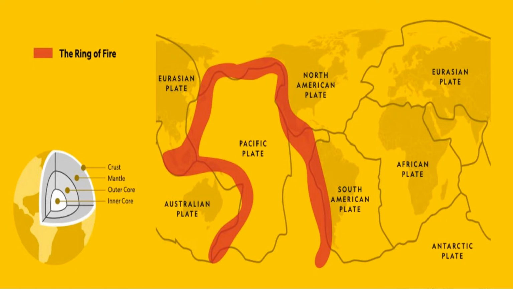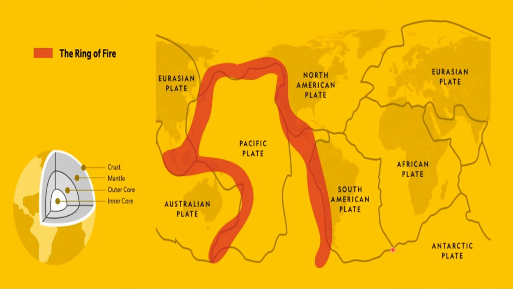For example, the North American plate includes most of North America, Greenland, and part of Siberia. These move around on the ductile layer beneath the surface. The Earth's surface is majorly divided into 7 tectonic plates. Volcanoes are mostly found between these tectonic plates, where the plates meet, at the plate boundaries.